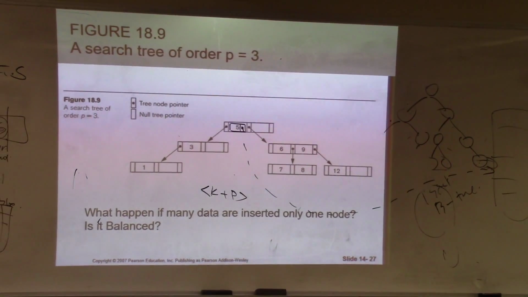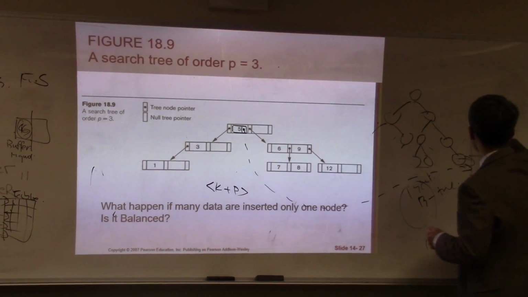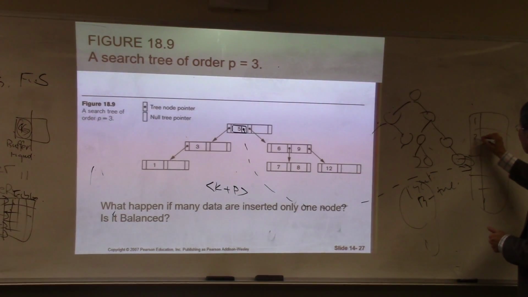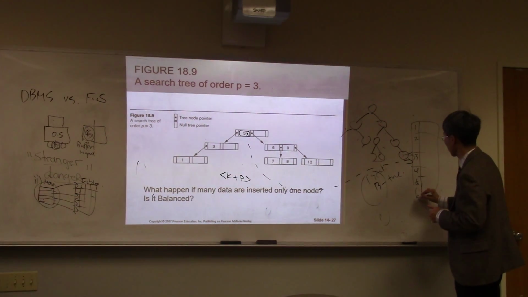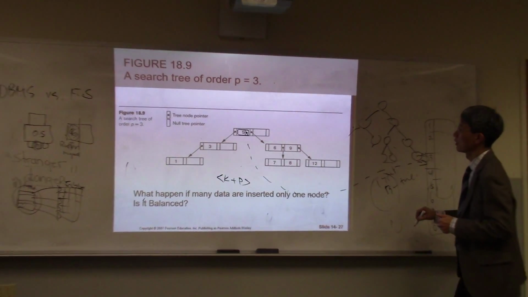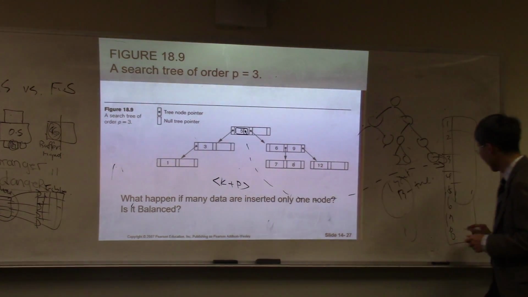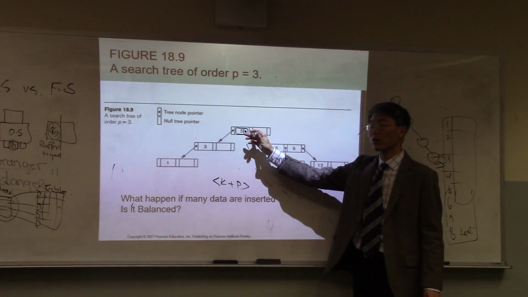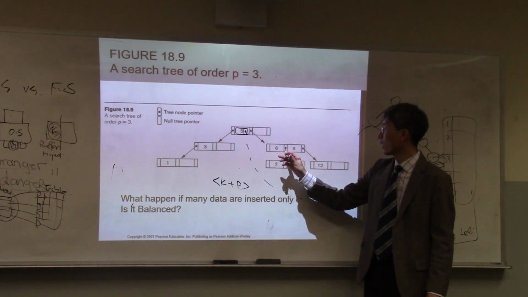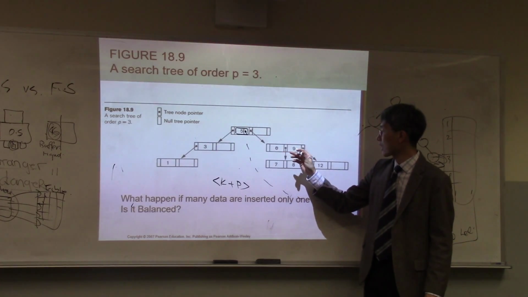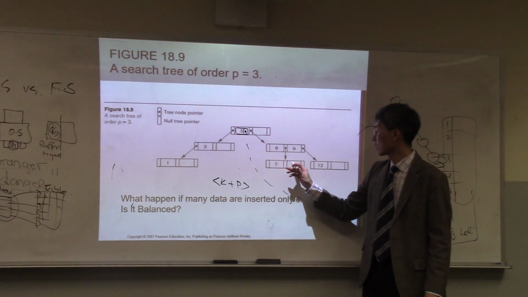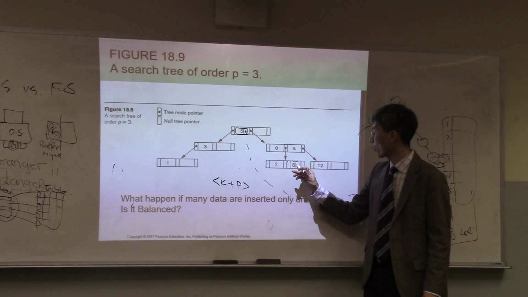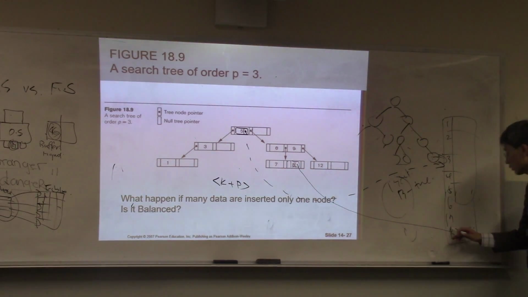So when you search the data, for example, this is the social security number 1, 2, 3, 4, 5, 6, 7, 8, and this one. Then when you search 8, Lee, 8 is bigger than 5 and bigger than 6, less than 9, and goes to here. Then 8 has the data pointer that points to this one.